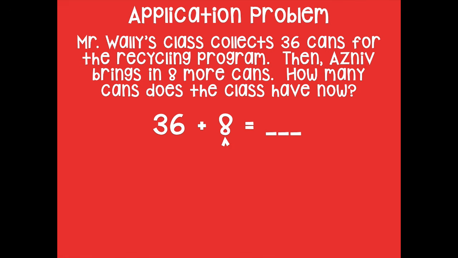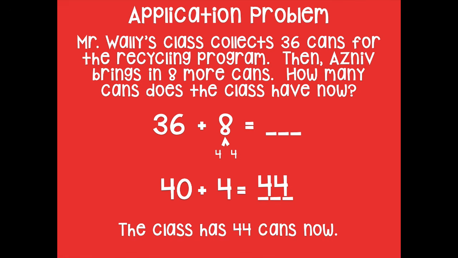So I'm going to break apart this 8 into a 4 and a 4 because that one 4 is going to help me get that 36 to 40, and then I have 4 left over out of my 8. So 36 plus 4 equals 40, and we have our 4 that we have to add to it still. So 40 plus 4 equals 44. So to write that in a statement, we would say the class has 44 cans now.